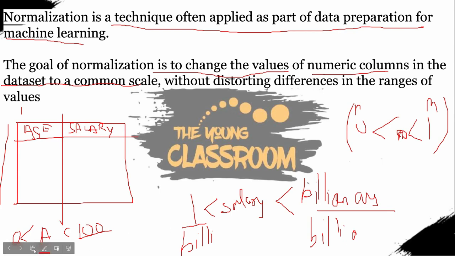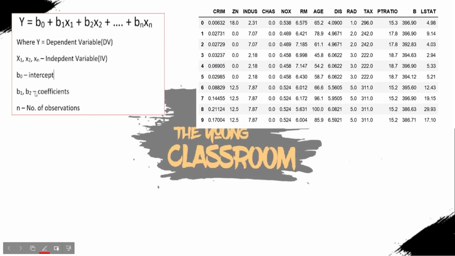Now let me tell you why it is important. So let's get back to the example we have been dealing with so far in previous videos. As you can see out here, let's say x1, x2 till xn are features, and b1, b2 and bn are my weights, and b0 is the bias, and y is the predicted output. Now x1 till xn will have different normalizations, different ranges.